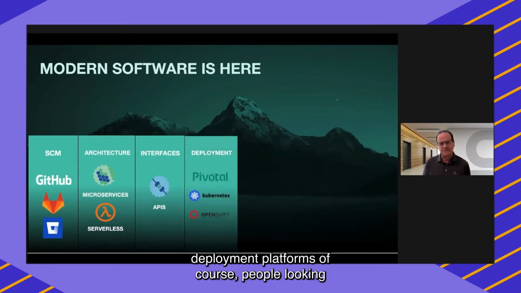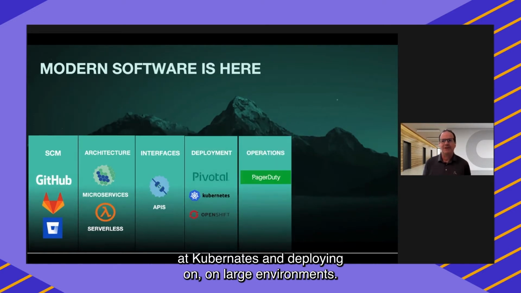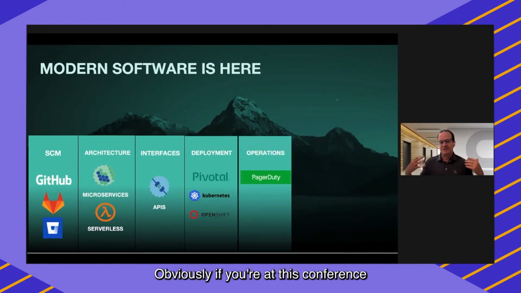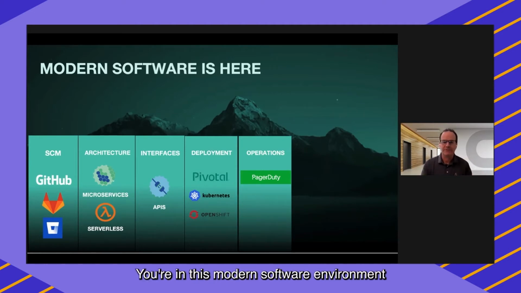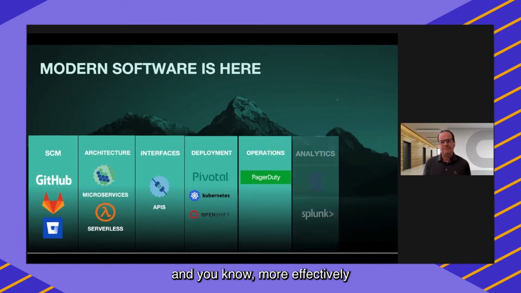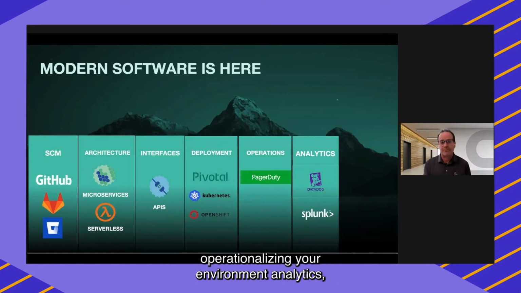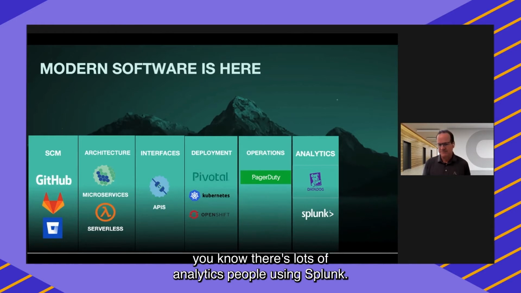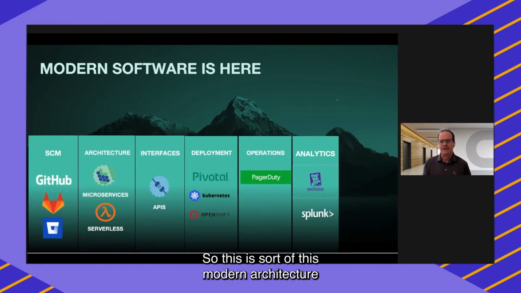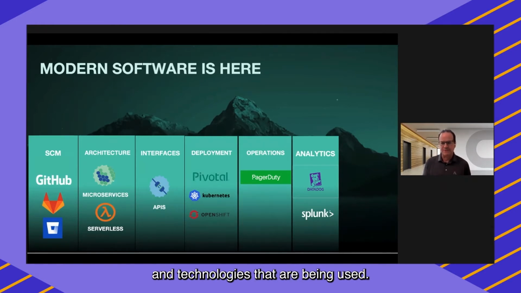Then there are deployment platforms, with people looking at Kubernetes and deploying on large environments. If you're at this conference, you're using PagerDuty, in this modern software environment for responding to incidents and more effectively operationalizing your environment. There's also lots of analytics, with people using Splunk. So this is the modern architecture and technologies being used.